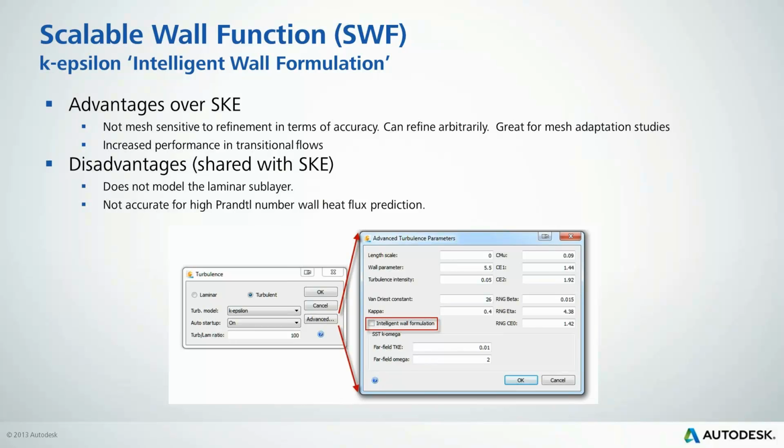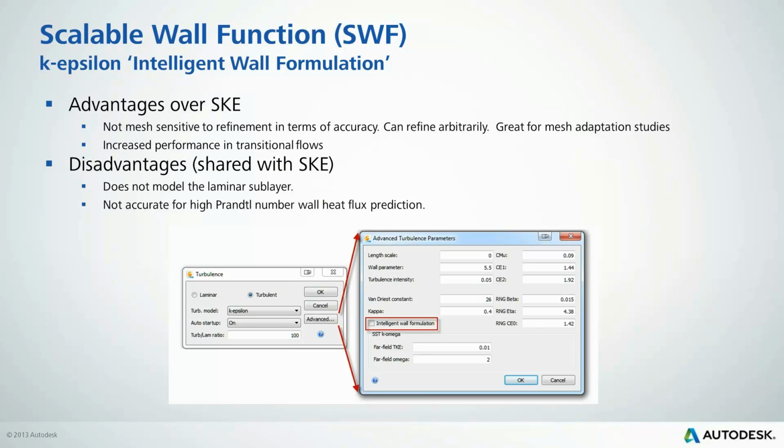Now, one thing that's actually newer within our software is something called a scalable wall function. It is something that's been around within industry for a while, but something we've recently implemented. And this is really to address a few deficiencies. So when we're talking about the wall function with the Y plus aspect, there's a min and a max, 35 to 350.